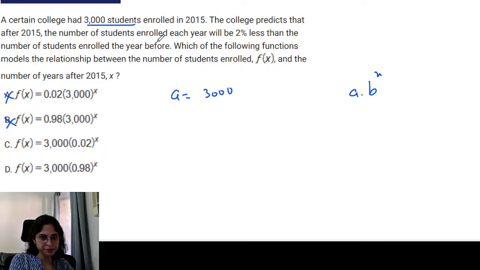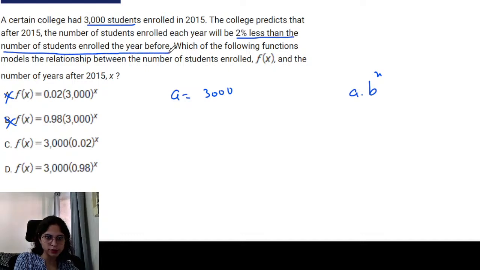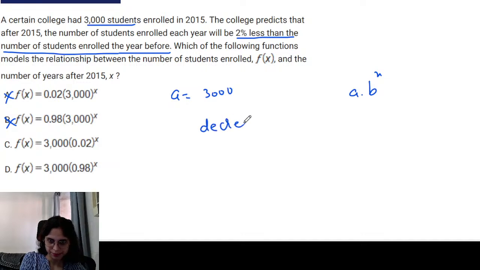The college predicts that after 2015, the number of students enrolled each year will be 2% less than the number of students enrolled before. So it is decreasing by 2%, right? That means your factor is going to be 1 minus 2 over 100.